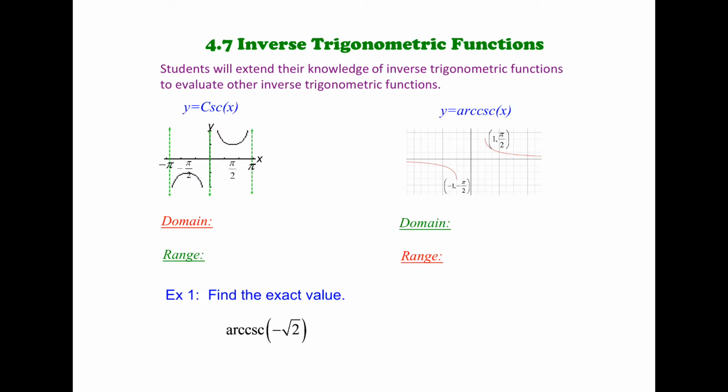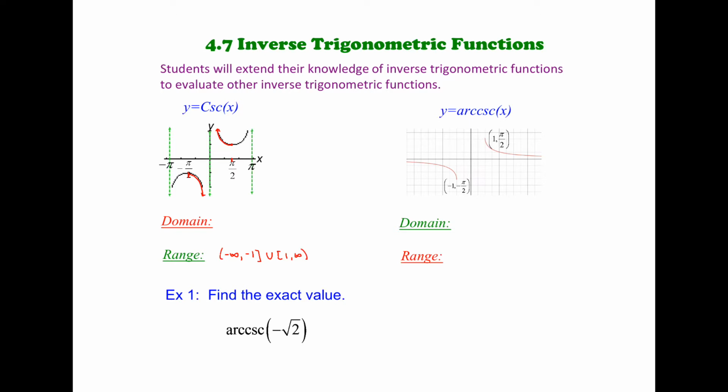Well, if we can take these U-shaped graphs and take just part of them, starting right there at negative pi over 2 to pi over 2, and we only cover from here up and from here down, we cover all those range values. In this case, the range is from negative infinity to negative 1, and from 1 to infinity, it covers all those values still, so we're good.